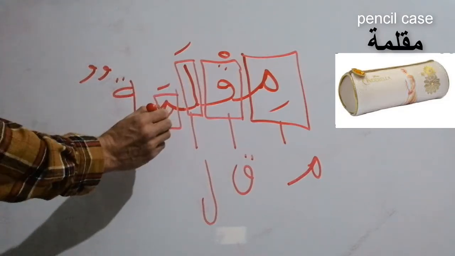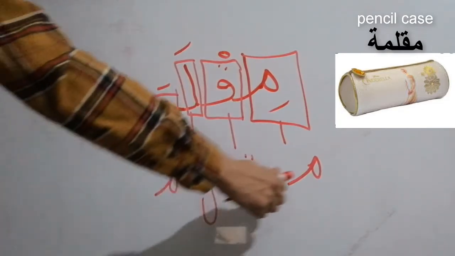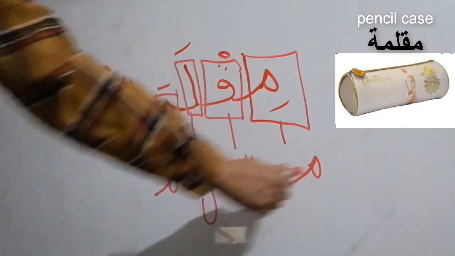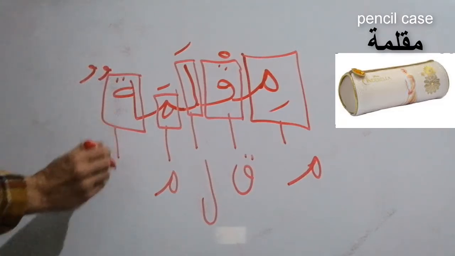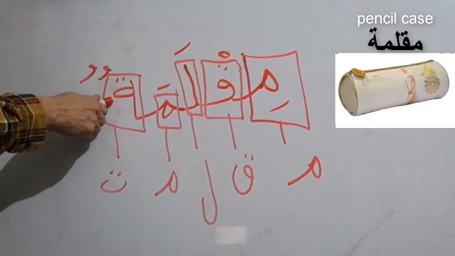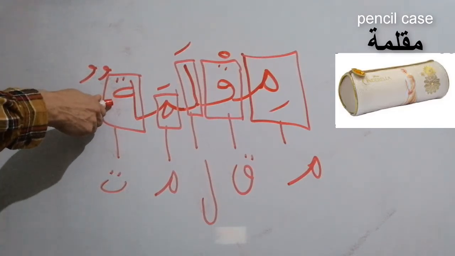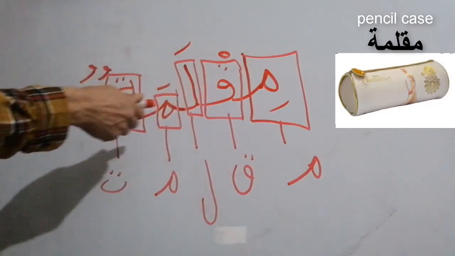This is ميم. We have two mim. ميم ميم. And this is تاء. This is open ta. This is closed ta. This is closed ta because it's at the end of the word مقلمة.